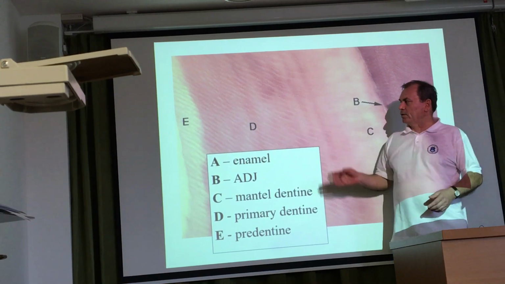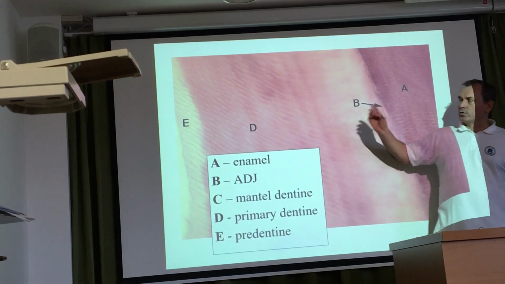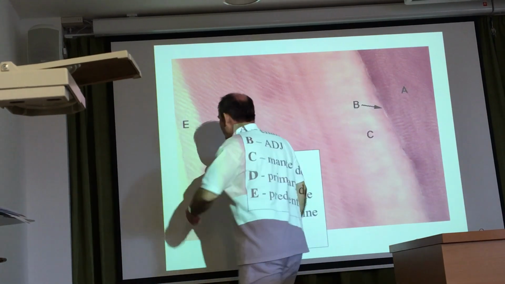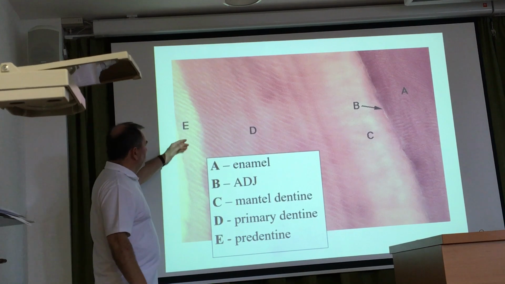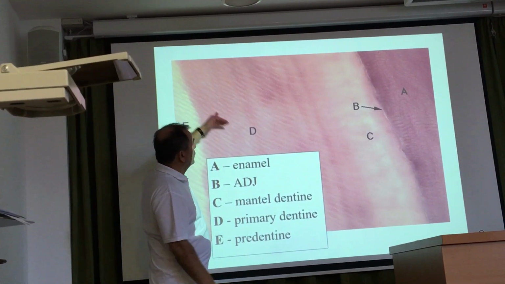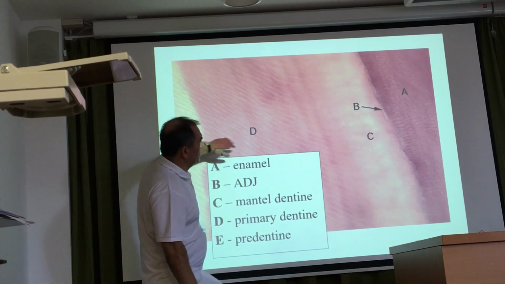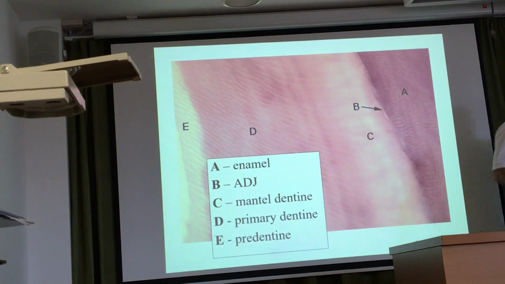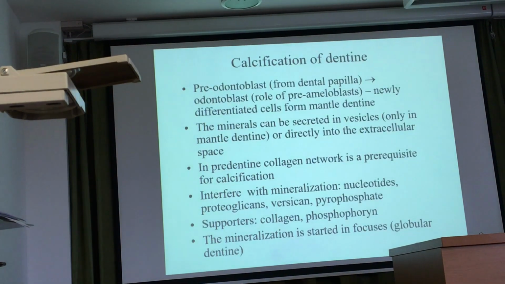You can see here the tubular structure of the dentin inside the primary dentin, and this is the predentin. Yes, the primary dentin, tubular, even in the predentin, but here you cannot see because amorphous, the mantle dentin.